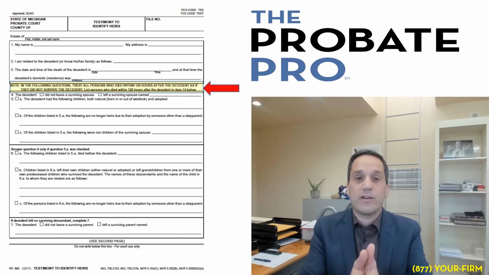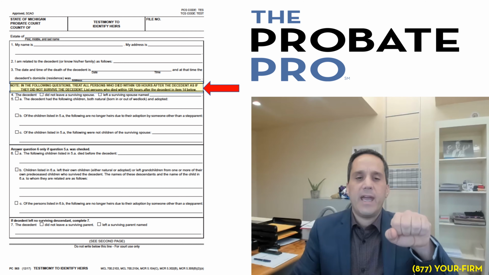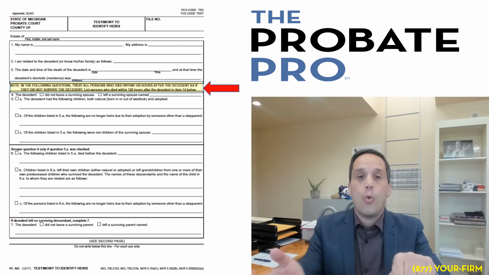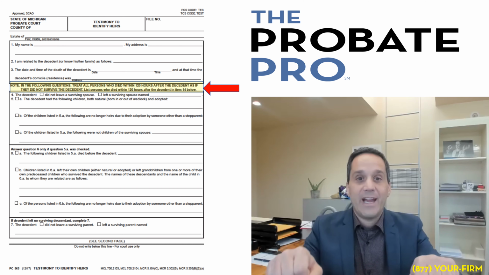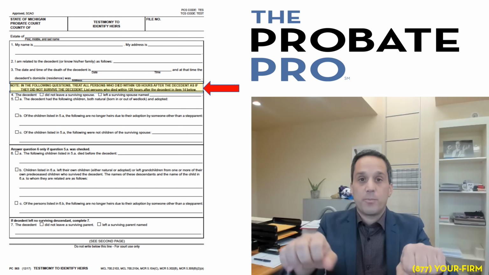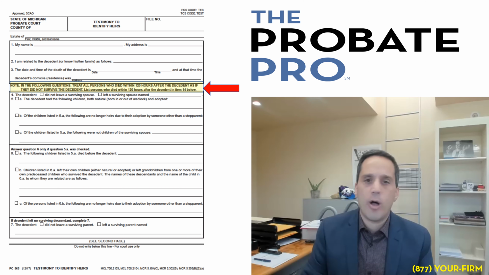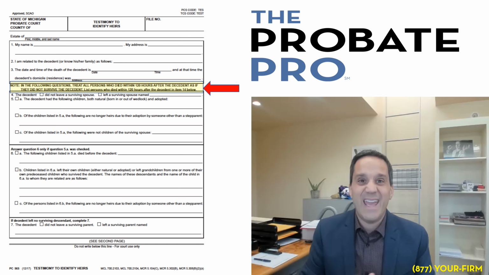The idea is that, for example, if a person dies with a spouse and they die within a few days of each other, within the 120-hour rule, then they are not heirs of that person's estate. They're both considered to have predeceased each other. For more explanation about the 120-hour rule, call my office. I'm happy to explain. It can get a little complicated and confusing when somebody has died within that 120 hours.